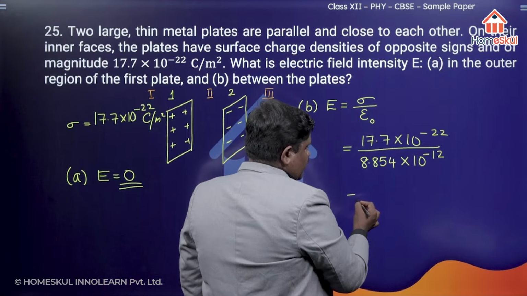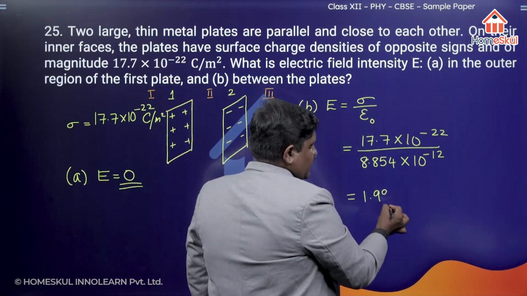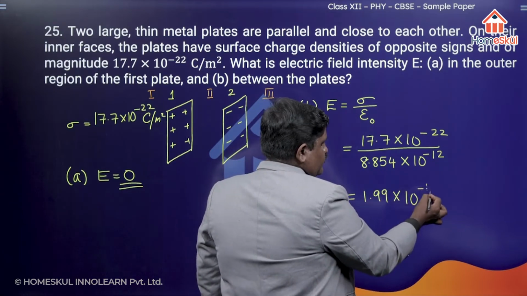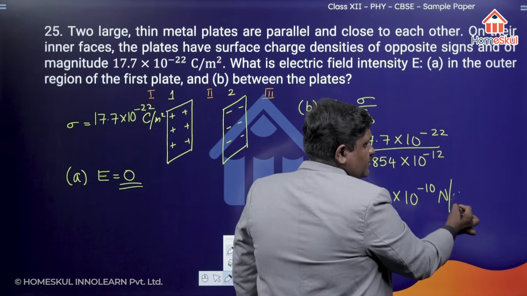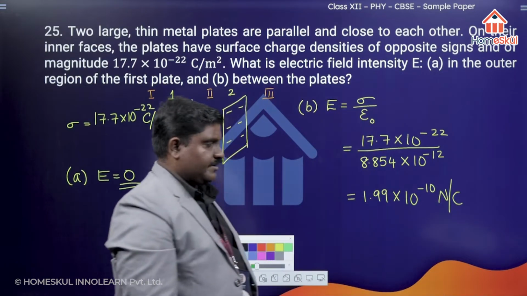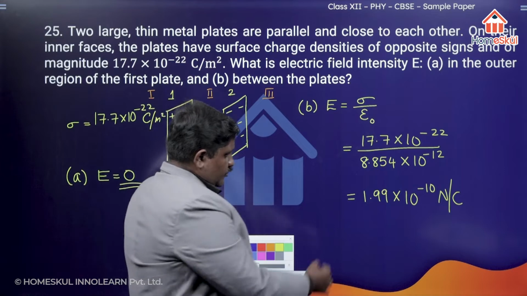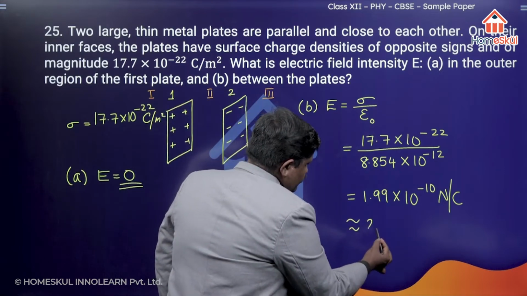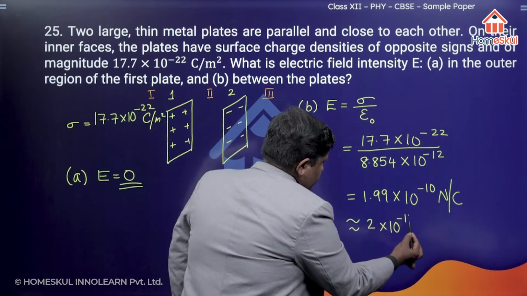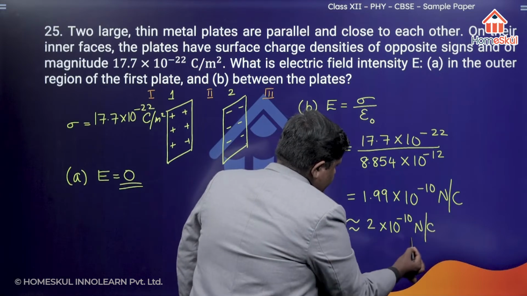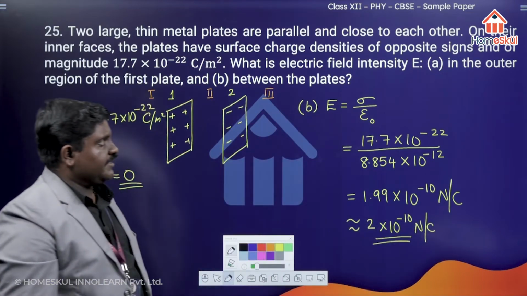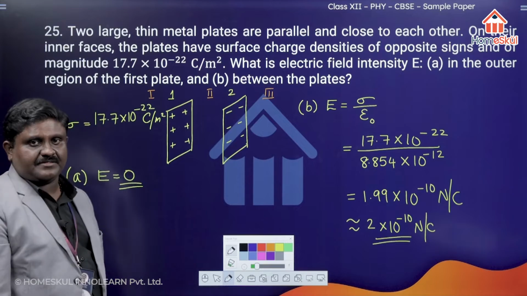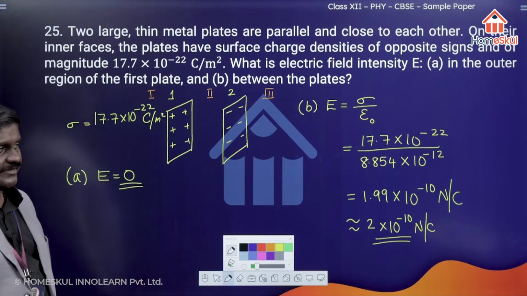When we calculate this, we get the value as 1.99 into 10 raised to minus 10 Newton per coulomb, or approximately 2 into 10 raised to minus 10 Newton per coulomb. So these are the answers. Clear?